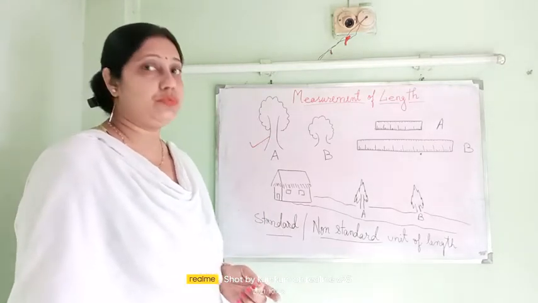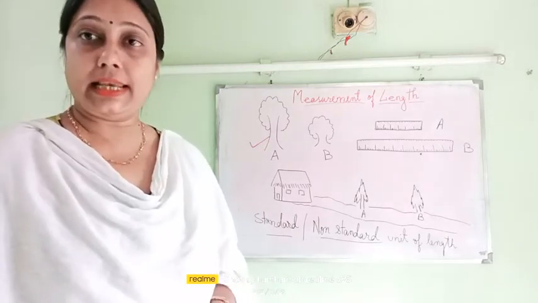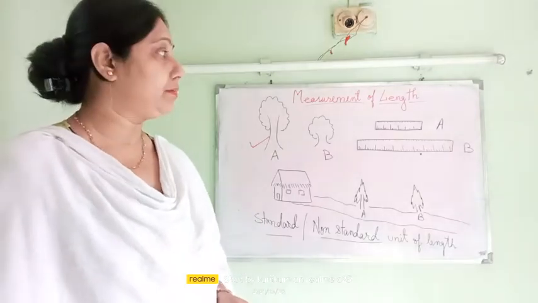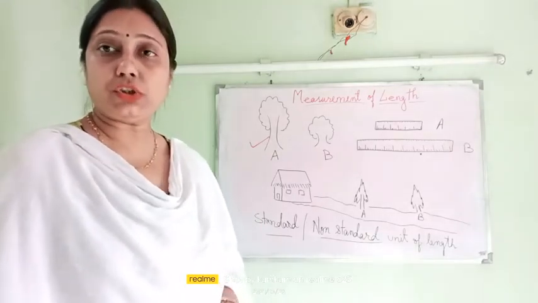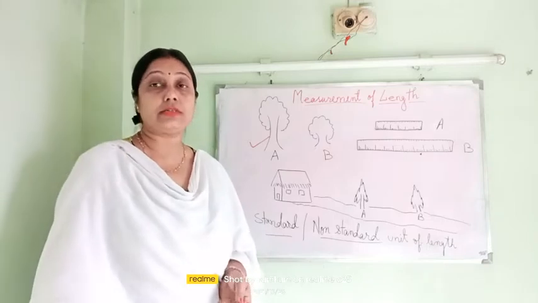Next one, you can see two scales I have drawn, scale A and scale B. Now, which is shorter, scale A or scale B?